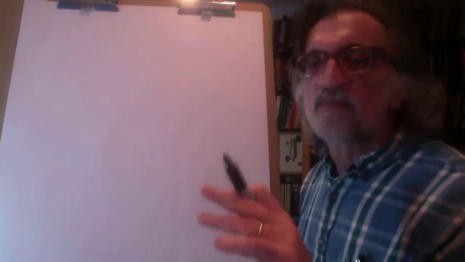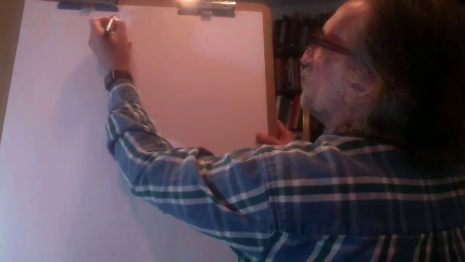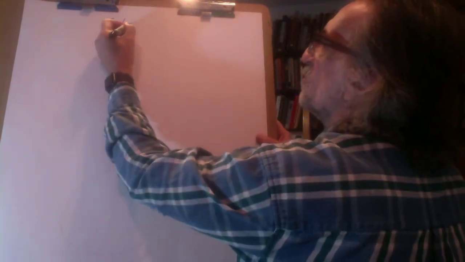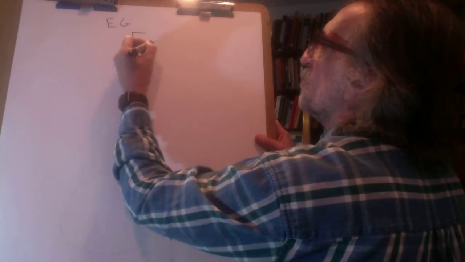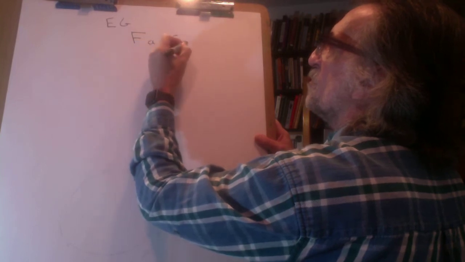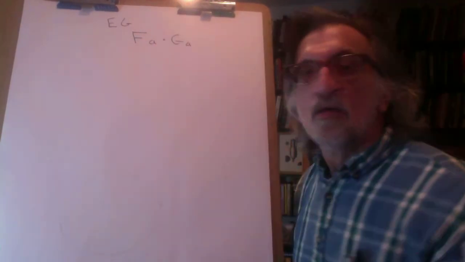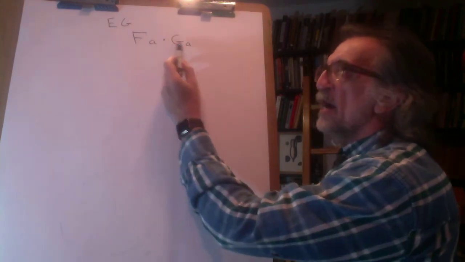By do whatever you want, I mean the following. Let's take the most unproblematic of all, existential generalization. Let's say you have Fa and Ga.